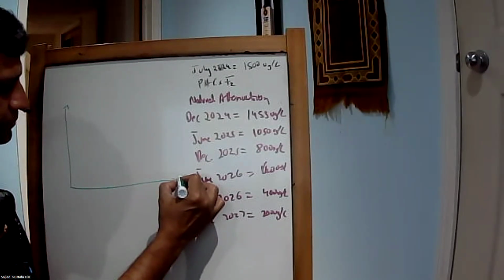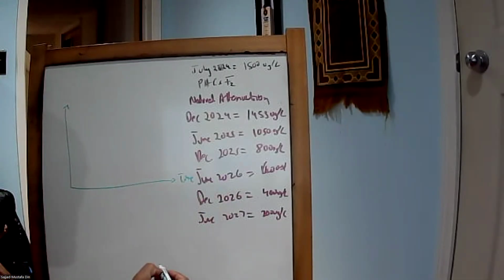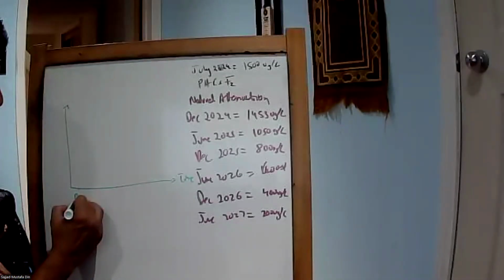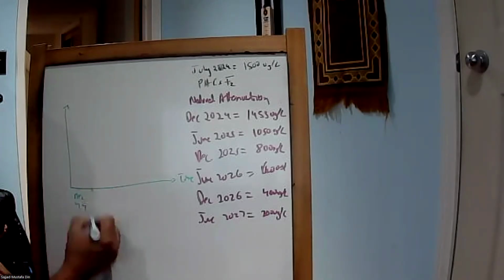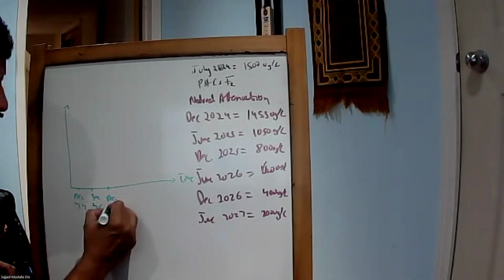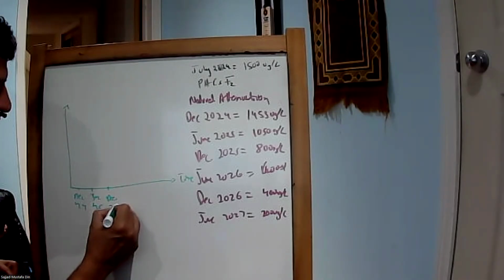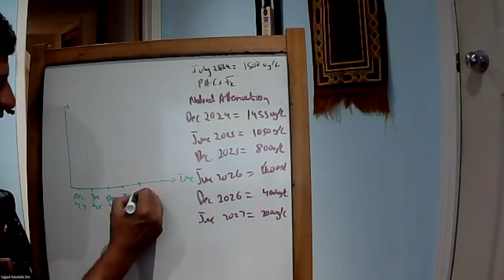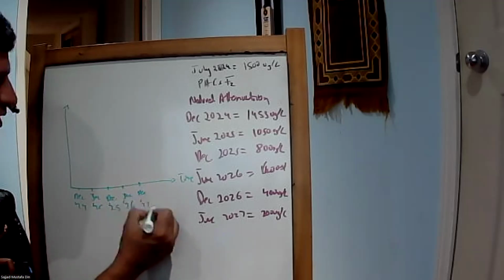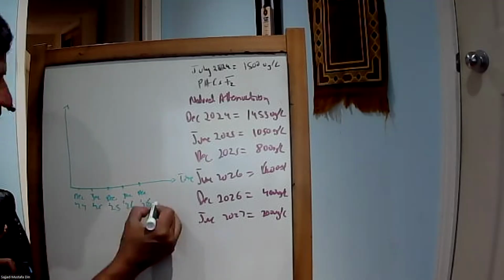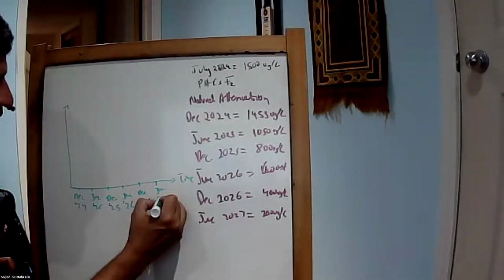So this is time or date. This would be December 2024, June 2025, December 2025, June 2026, December 2026, and June 2027.